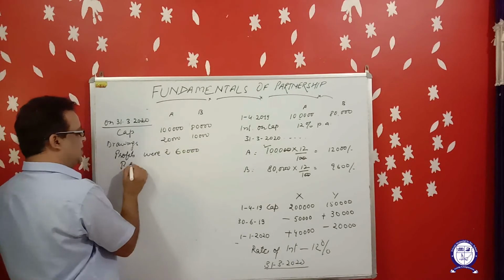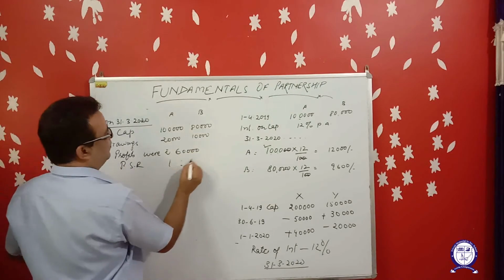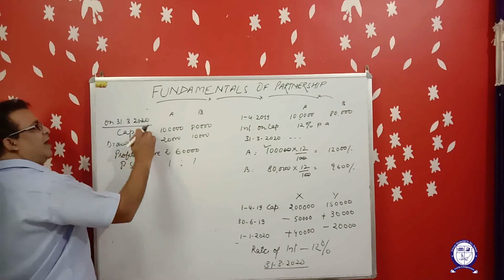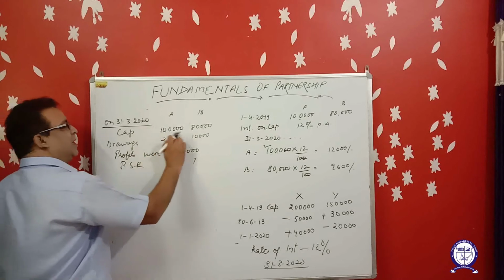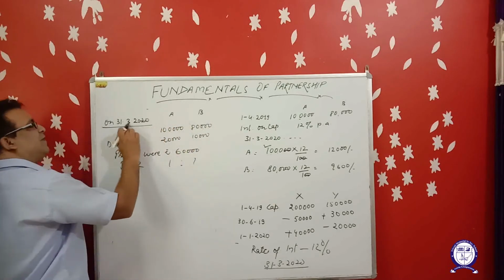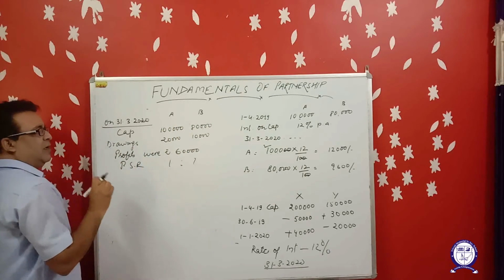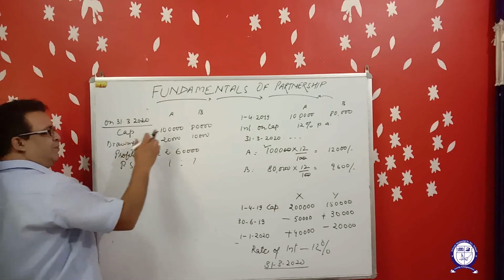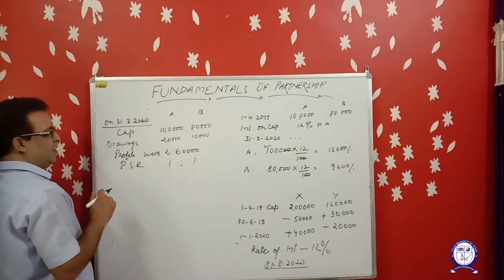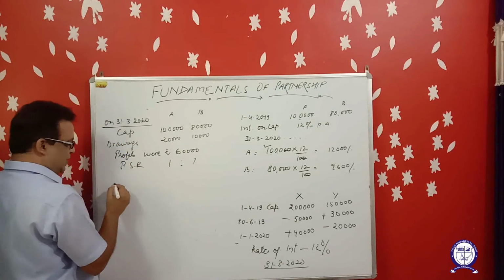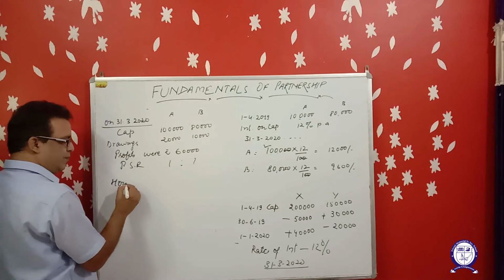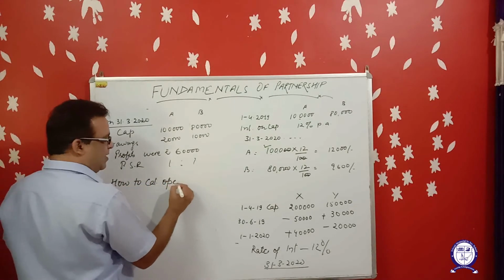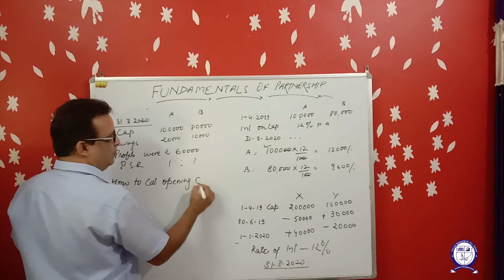Profit sharing ratio is equal. So this is the amount of closing capital. As on 31st March, we have to calculate interest on capital at opening balance. So how to calculate opening balance of capital?